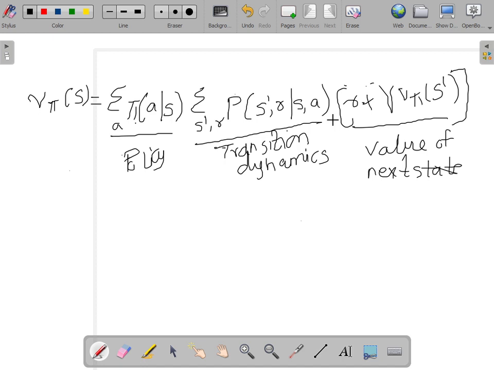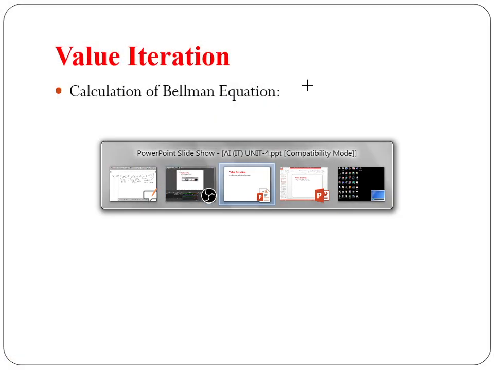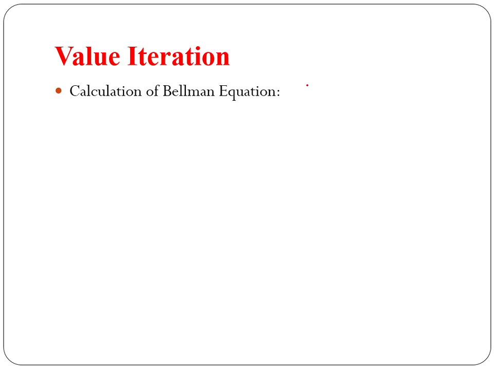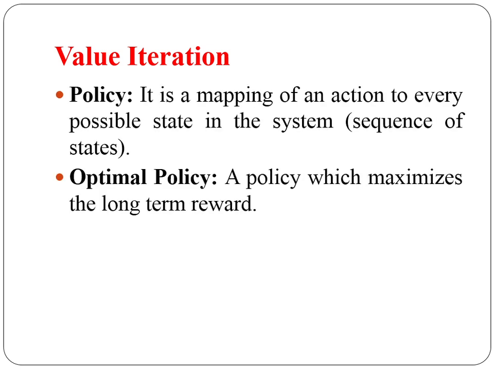Now what we have to see is that this Bellman equation will be used for the process of value iteration. So here we calculated the Bellman equation. Now first we need to understand the policy. So what is policy?